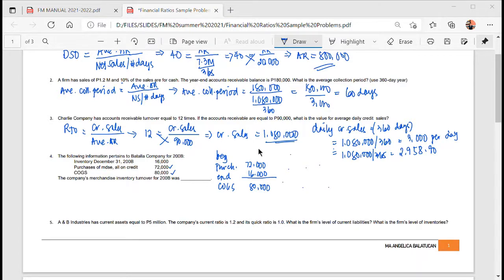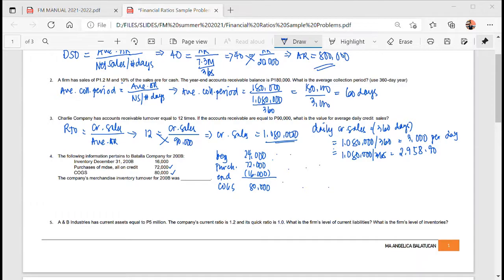Okay, so therefore, how much is the beginning balance? So if you're going to work back, do the opposite: 80 plus 16 minus 72. How much is our beginning balance? You can answer orally. Correct, that's 24,000.